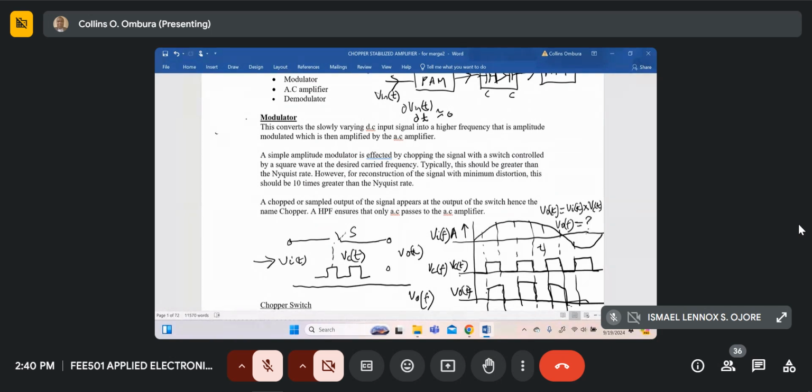When you multiply two signals in the time domain, how do you get the spectrum of the signal in the frequency domain? You must have done it in your telecoms.